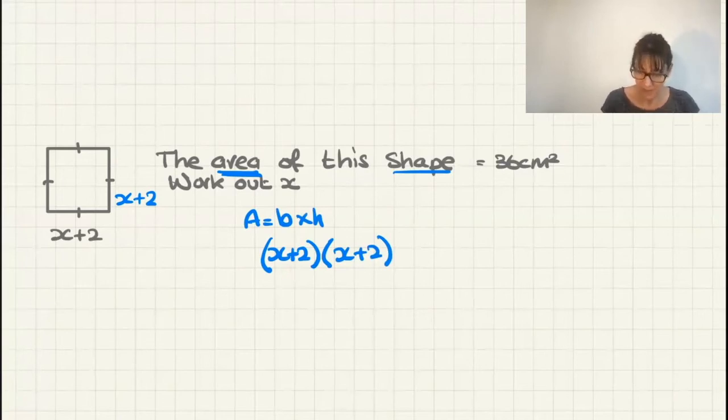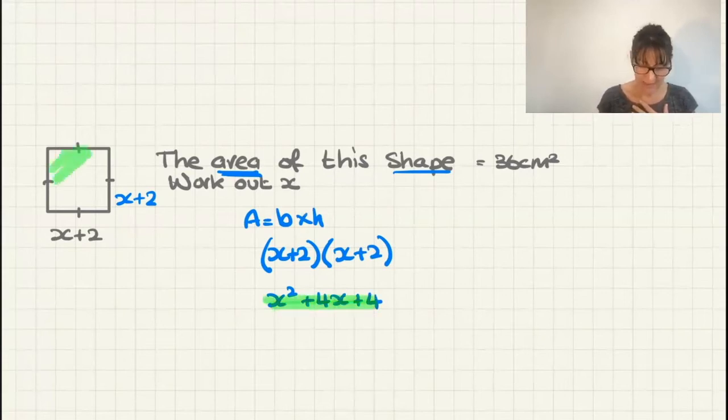So I can crab's claw this out, which would give me x squared plus 4x plus 4, once I did all the tidying. What I now have is this piece of algebra equaling the area of the square. But I also have in the story a fact about the area of the square.